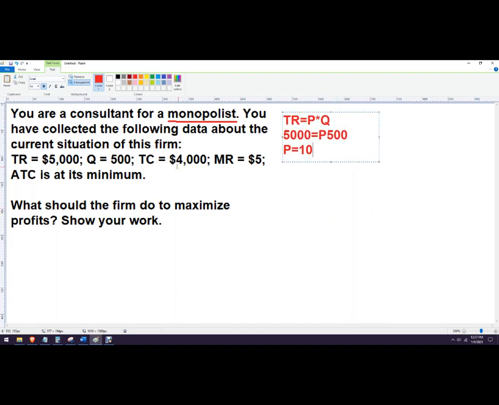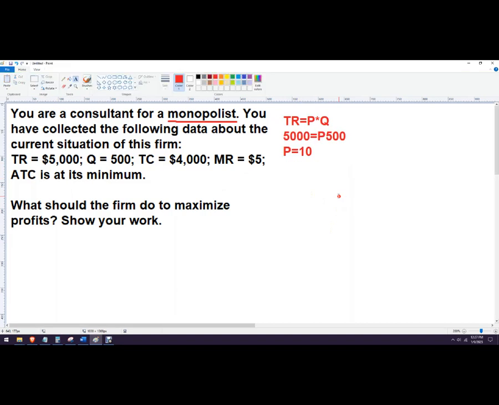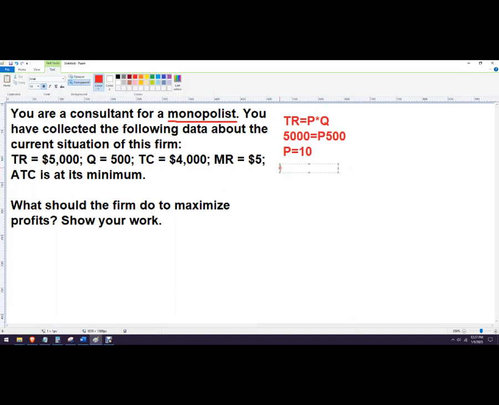Then what do we got? Total cost right here, and then we're told that average total cost is at its minimum. So that's probably the next formula we need to think about. What is average total cost? Average total cost is equal to total cost divided by quantity. So in this case, our average total cost is 4,000 divided by 500, which is 8.